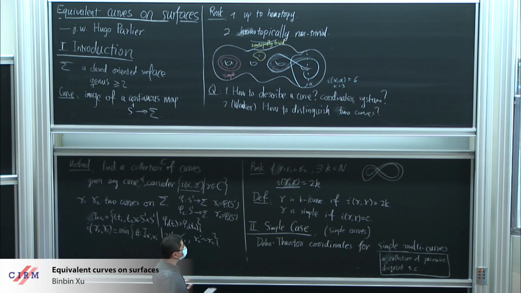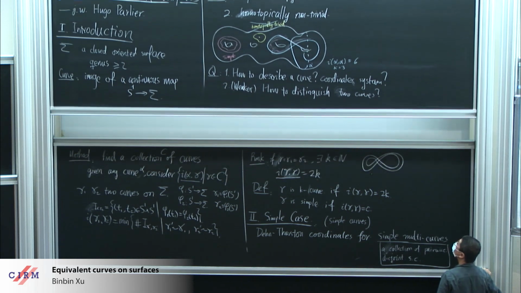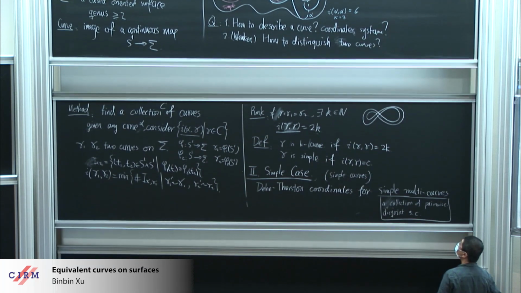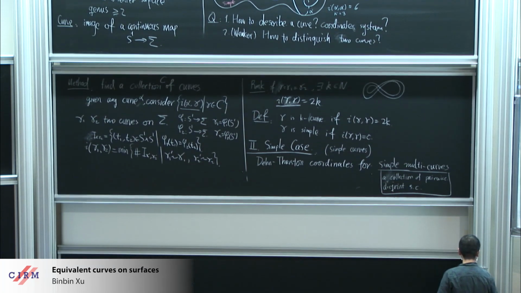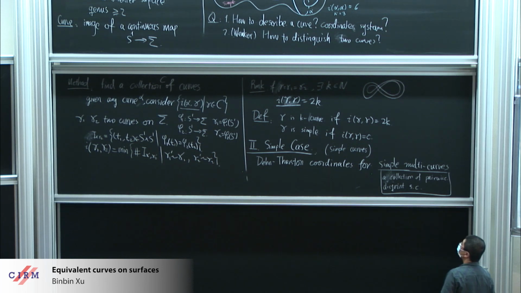It will be very helpful if we first review this definition of the Dehn-Thurston coordinate. How can we find this collection of curves? By considering intersection with the curves in this collection, we can determine all the simple multi-curves.